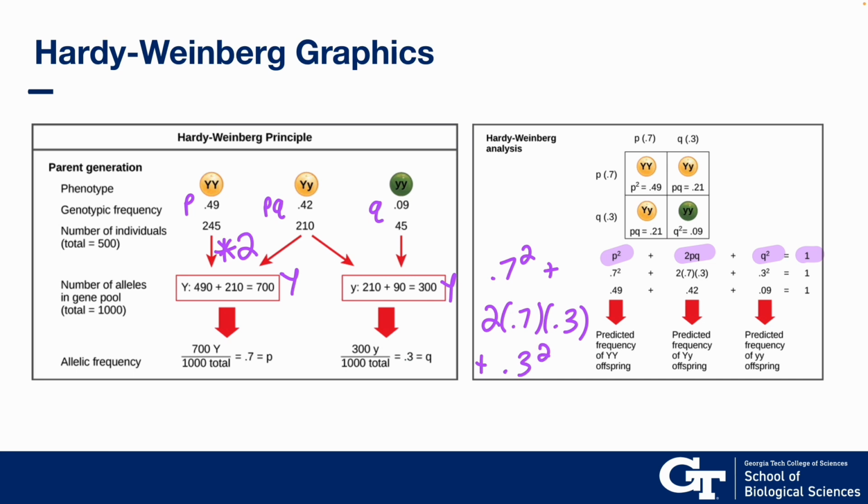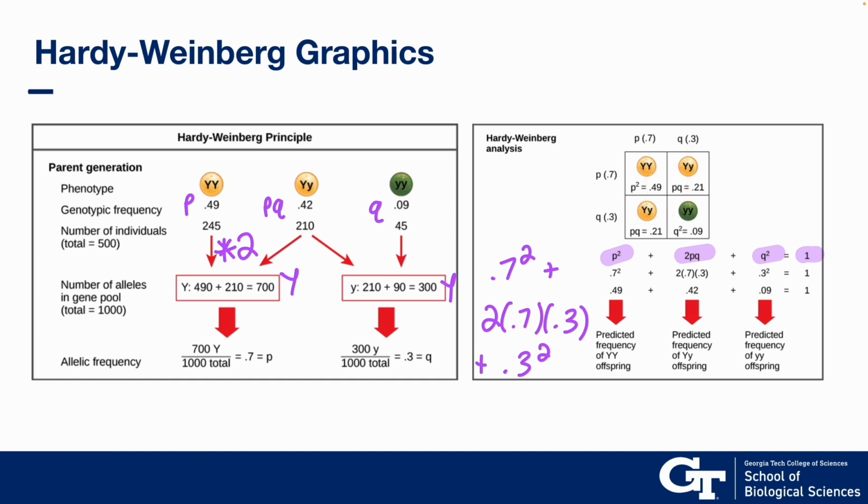You can do that, or you can do it with a Punnett square, where we have 0.7, 0.7, 0.3, 0.3. And we get the frequency of the homozygote dominant as 0.49, the frequency of the heterozygote as 0.21 and 0.21 respectively, and the frequency of the homozygote recessive as 0.09. Remember, we're just multiplying, so 0.7 times 0.7, 0.7 times 0.3 again, and then 0.3 times 0.3.